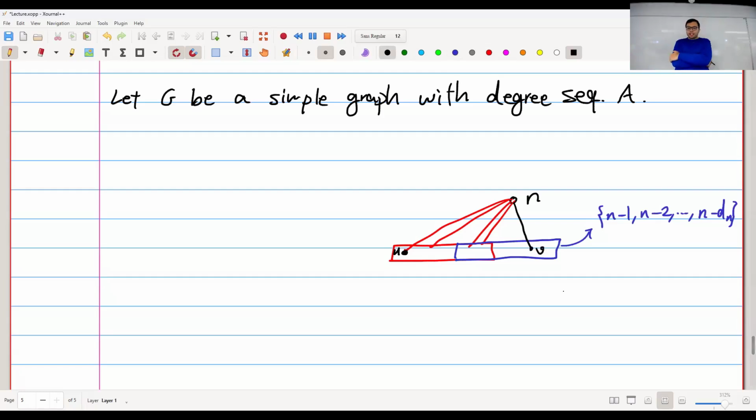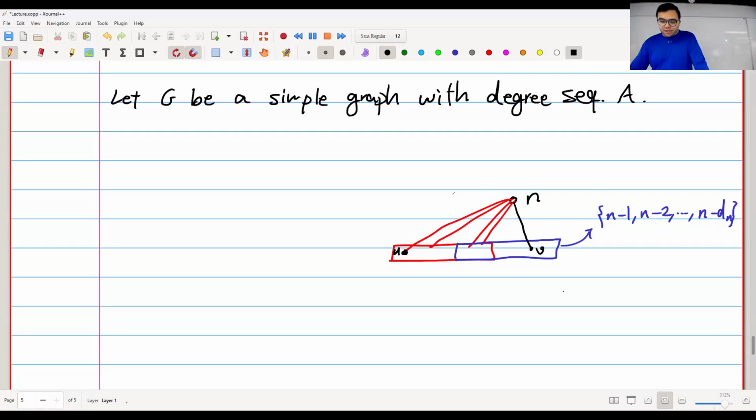I want to add the edge from n to V, and I want to remove the edge from n to U. But what is the problem here? The problem is that if I add this black edge, and if I remove this red edge, the degree of n remains the same, but the degree of V increases, and the degree of U decreases. So my degree sequence changes.